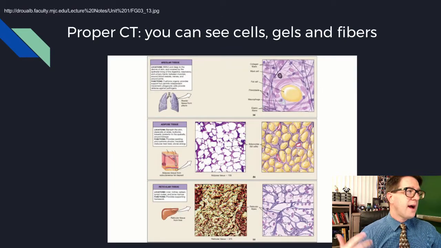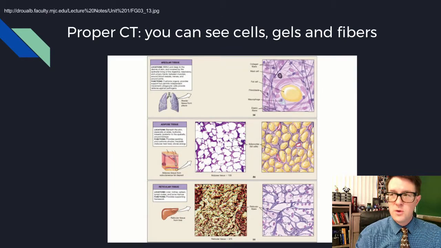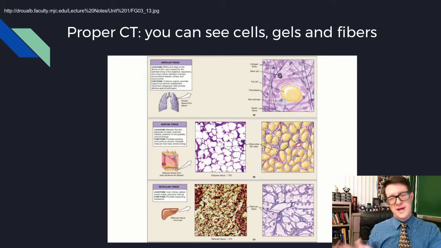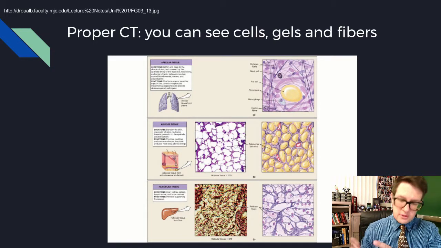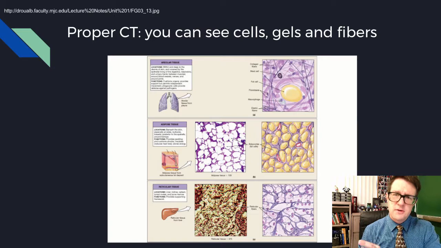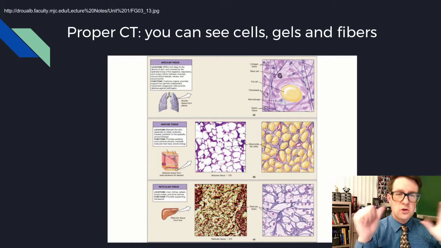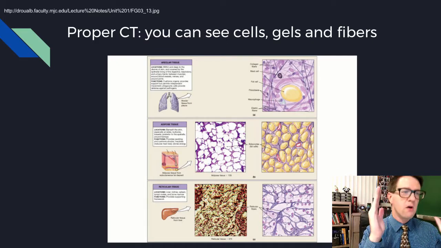When I look at the proper connective tissues, these are the ones where it's very easy to tell cell, gel, fiber. And we break these up into either loose or dense. So when you saw the presentations, the ones that turn out to be proper connective tissues are elastic, reticular, dense regular, dense irregular, adipose, and areolar connective tissues. Those ones, it's very easy to say, oh, cell, gel, fiber, cell, gel, fiber. Easy, clean cut.